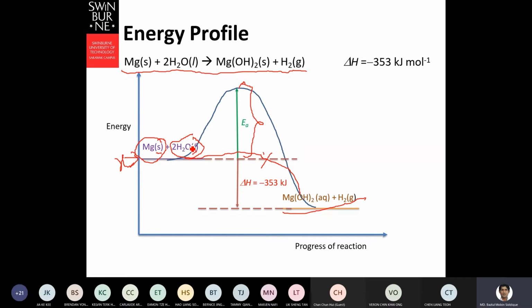Let's say that at the 0th second the energy of the reactants is here. At 0.001 second we measure the energy, and we find it is here.